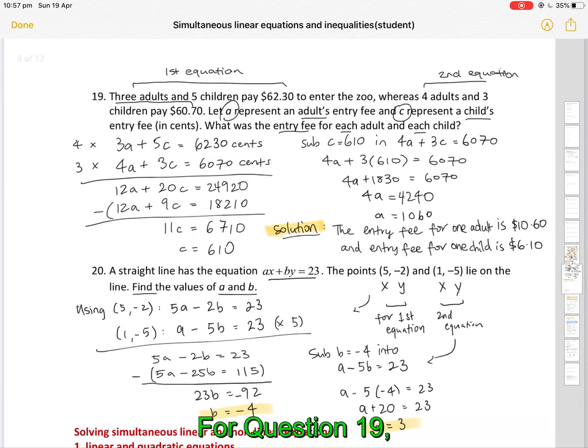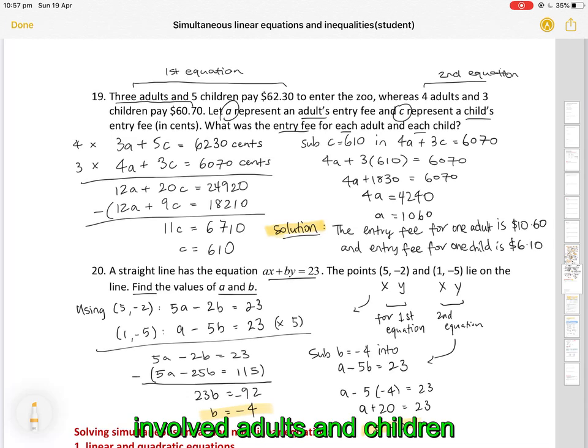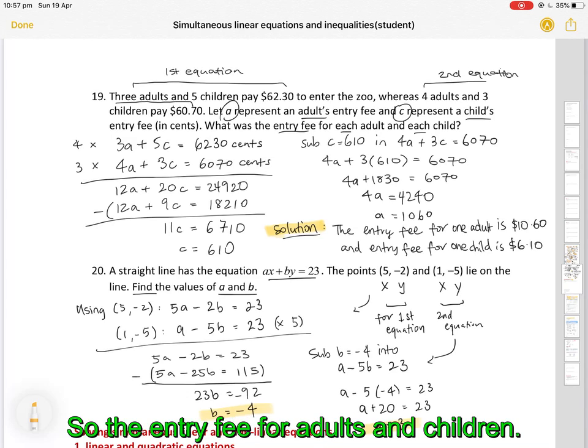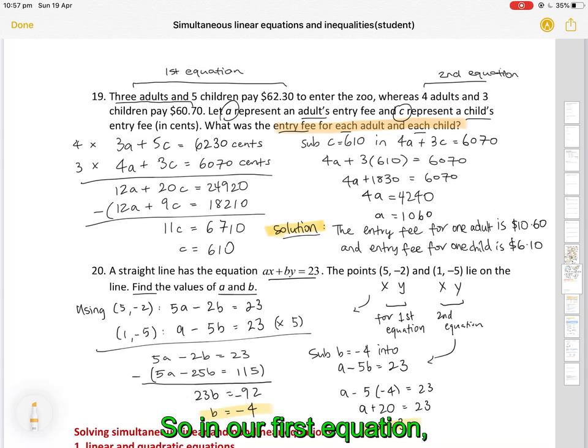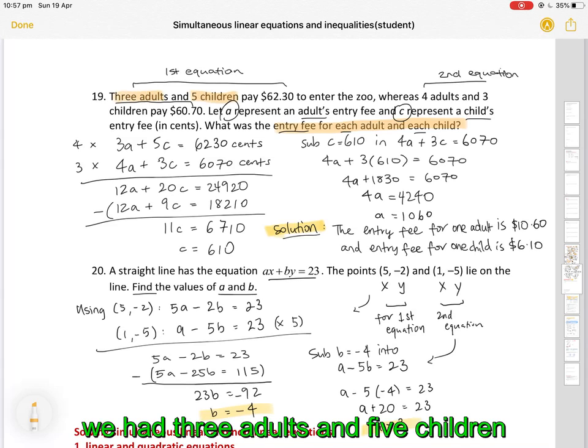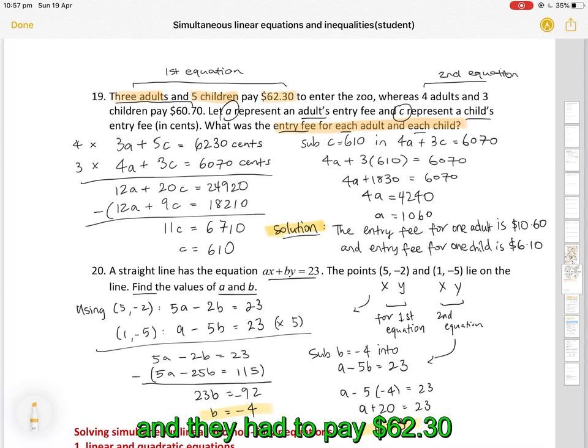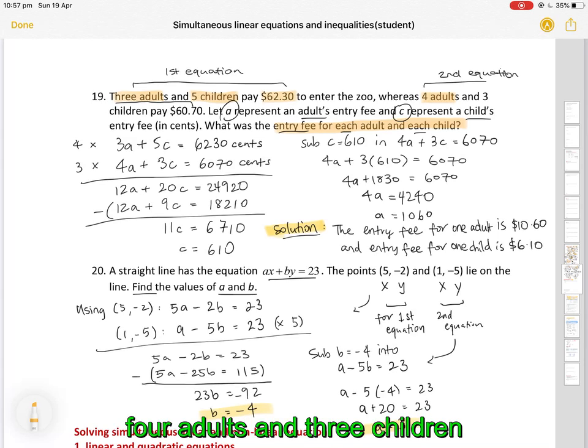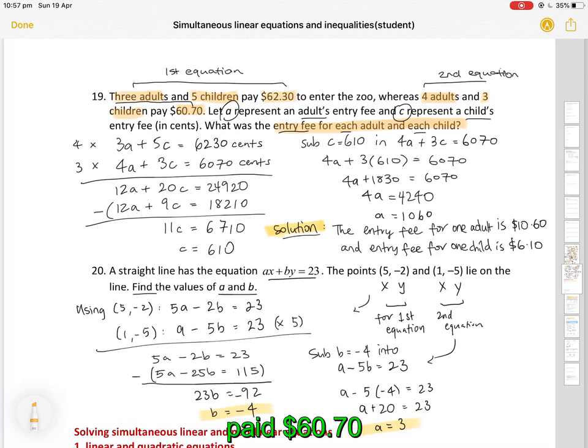For question 19, my 2 equations involved adults and children, and the entry fee. So the entry fee for adults and children. In our first equation, we had 3 adults and 5 children, and they had to pay $62.30. And in our second equation, 4 adults and 3 children paid $60.70.